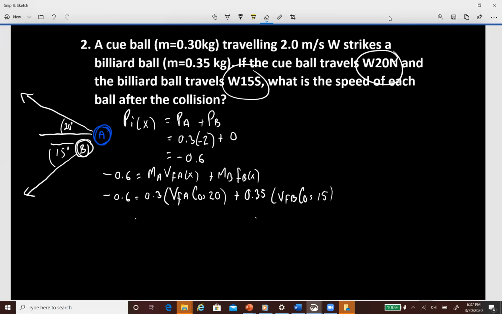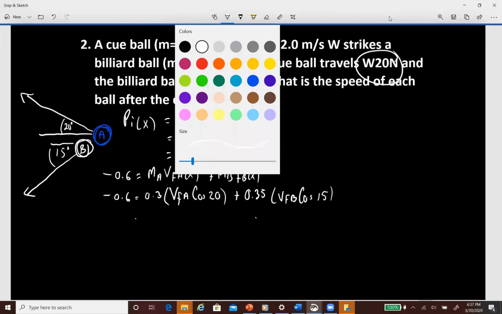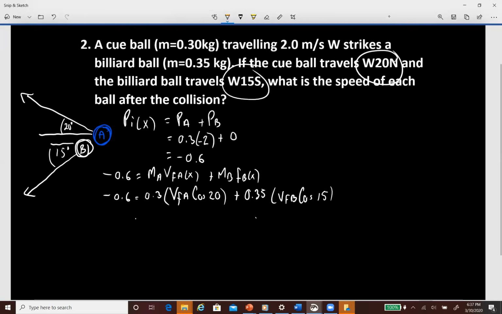Then let's look at the y direction. I'm going to follow my notes that I made here. In the y direction, the initial momentum is 0 because there's no ball moving north or south initially, right? Now, what does that equal?